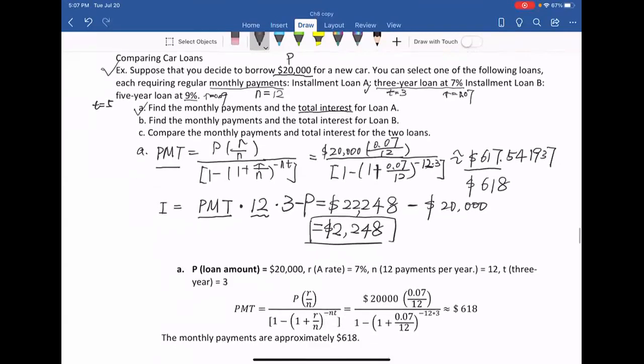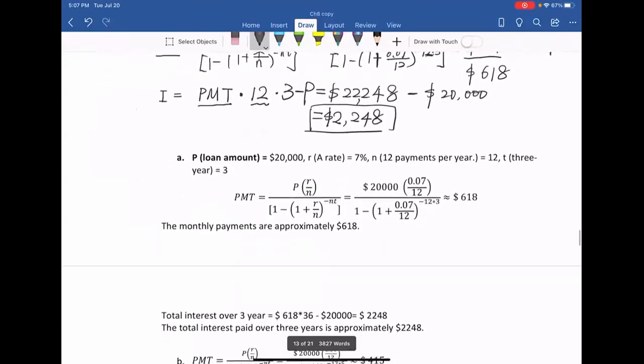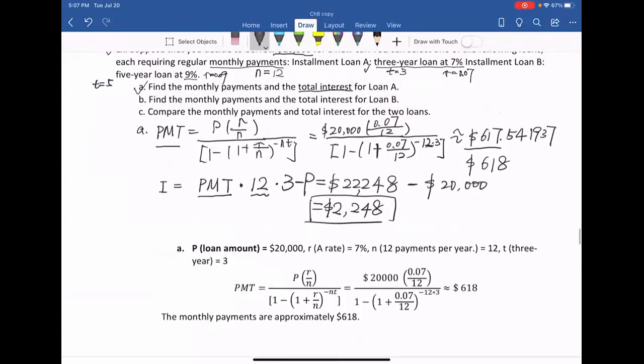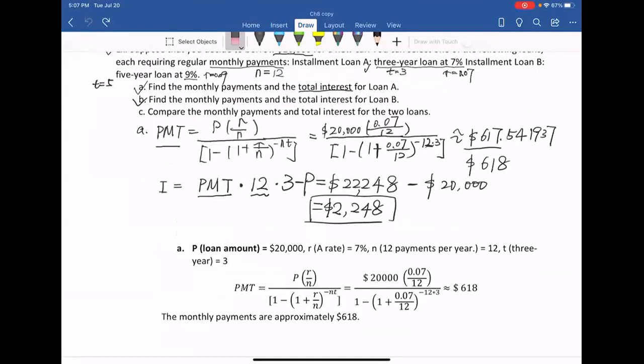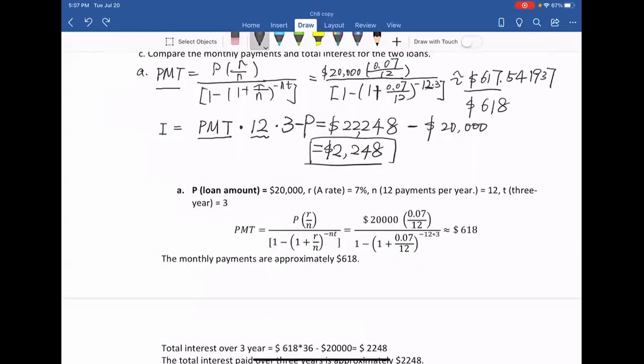So use the same steps to compute number B. Okay, number B, find the monthly payment and the total interest for B. Let me erase this part for A. Actually, we don't need to erase the formula. We can erase the number here.